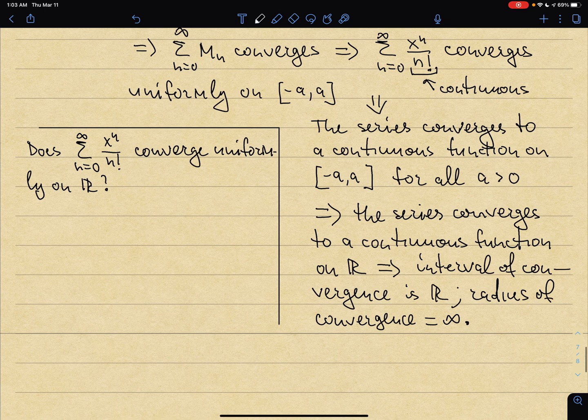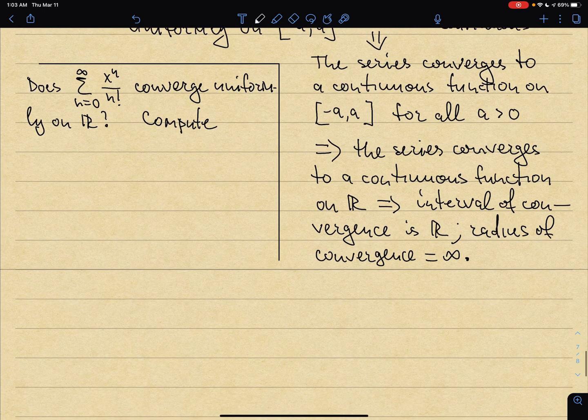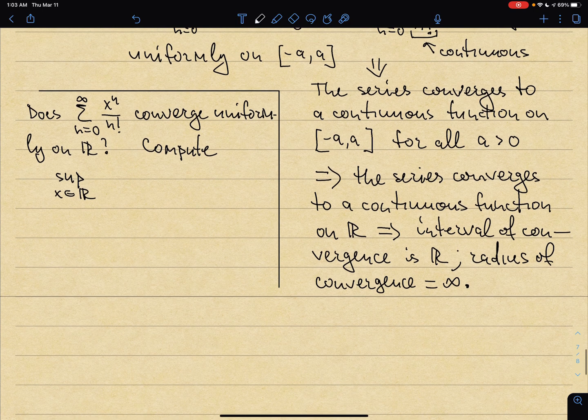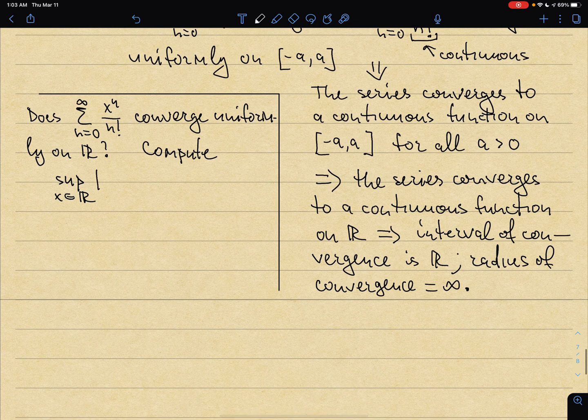So what I need to do is compute the supremum, with x on the entire real line, of the absolute value of my function x to the n over n factorial, right? And I'm taking the supremum in x while holding n fixed.